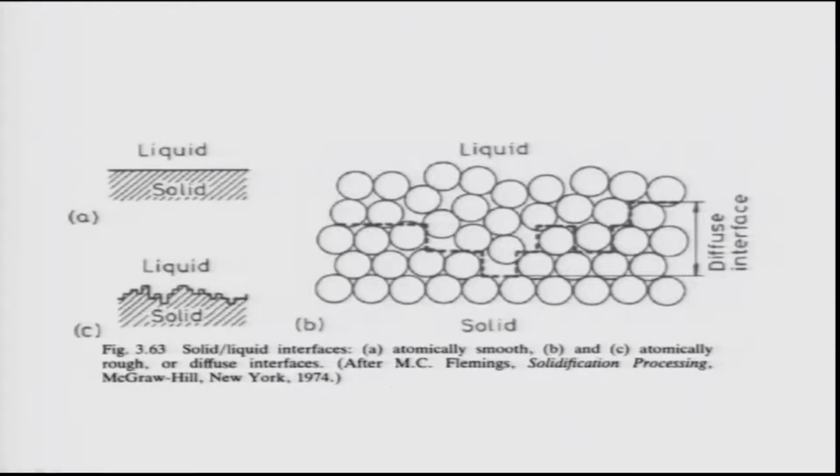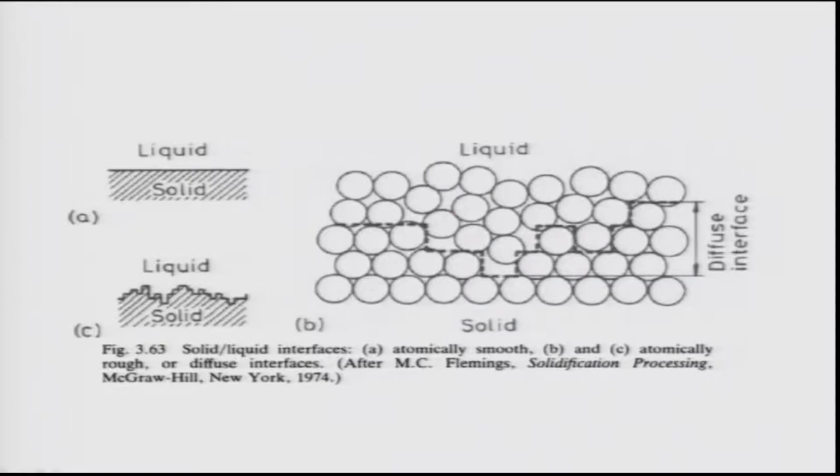So let us first discuss B, which is basically a diffuse or atomically rough surface. As you see here, in an atomically rough surface you have a diffuse interface. What is the meaning of diffuse interface? That means a large number of atoms are present at the interface. These atoms are neither part of the solid nor part of the liquid.